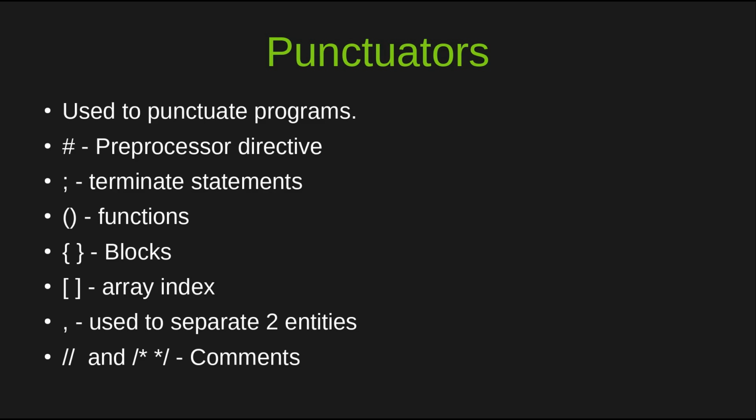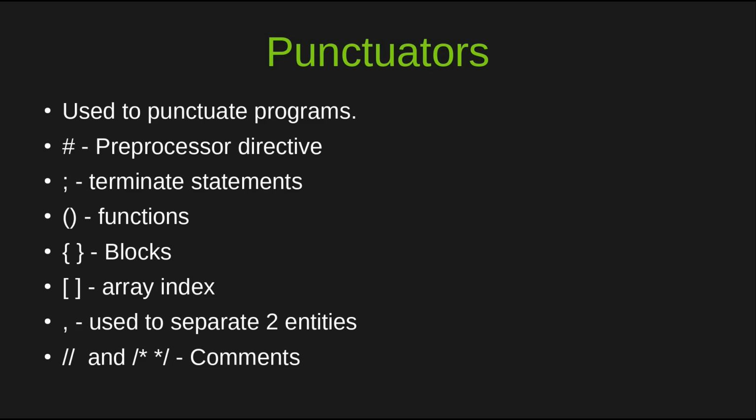Next comes punctuators. Just like in our normal language where we use punctuation marks to make more sense out of the sentence, punctuators in C programming are also used so that the compiler can understand our commands better. Some examples of punctuators include this hash symbol, which is used to start a preprocessor directive, as we have seen in the hello world program, the hash include directive.